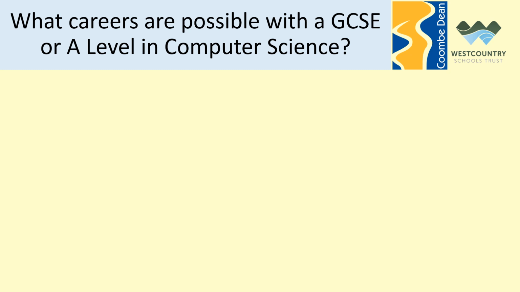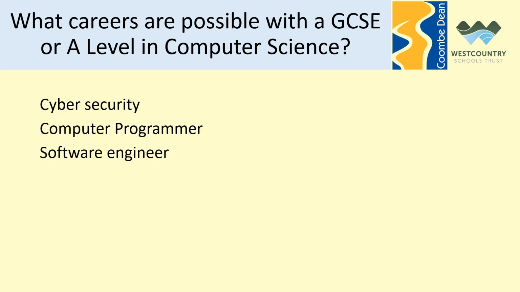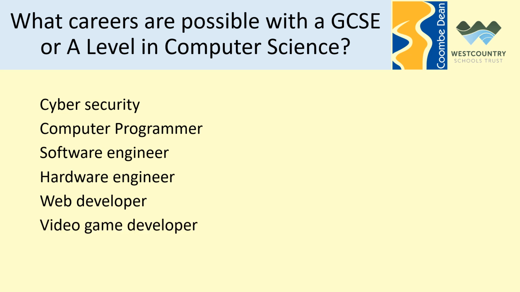Just to give you an idea of what careers are possible with GCSE or following on to A-level computer science, there are areas such as cybersecurity, computer programming, software engineer, creating your own programs for companies or clients, hardware engineer, working with hardware, different systems, networks, web developers, developing new platforms and websites for different people.